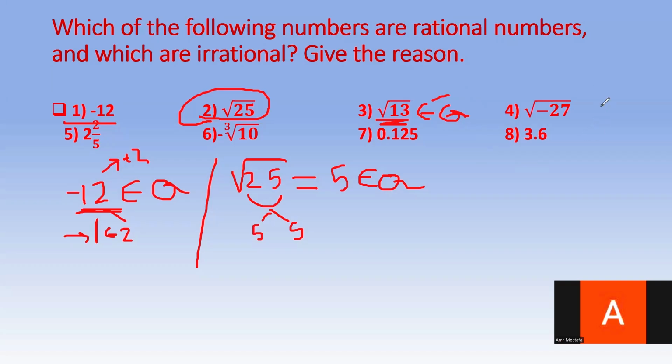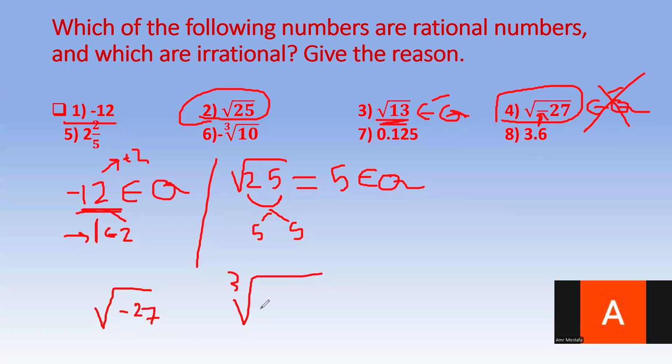Root negative 27 belongs to the rational numbers? No, wrong. Why? There is no square root for negative numbers. I can't put a negative number under a square root, but I can put it under a cube root.